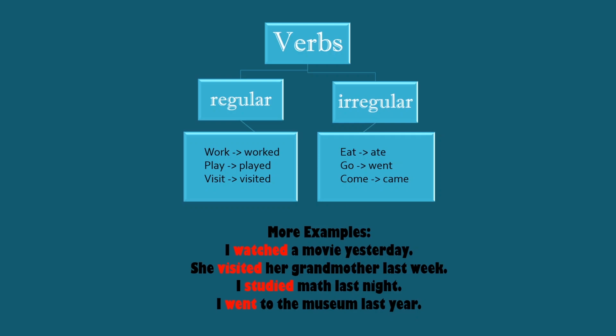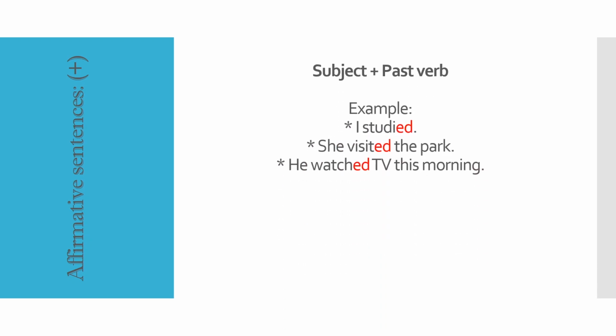Now, let's look at the formulas for making positive, negative, and question forms. For affirmative sentences or positive sentences, we use subject plus past verb. It is completely similar to the simple present form, but the difference is just the verb. You have to change the form of the verb depending on the verb itself.